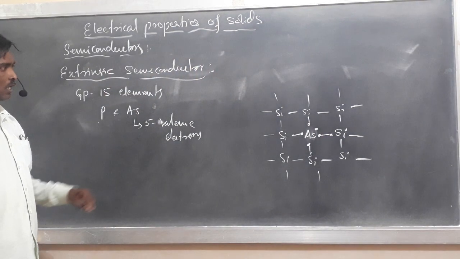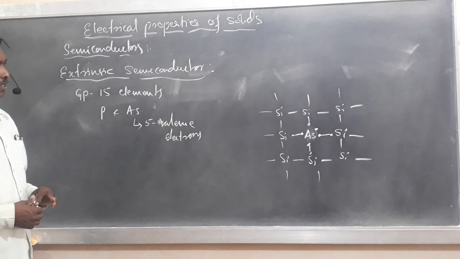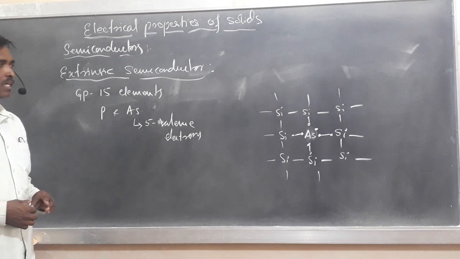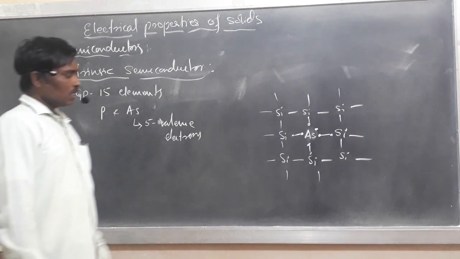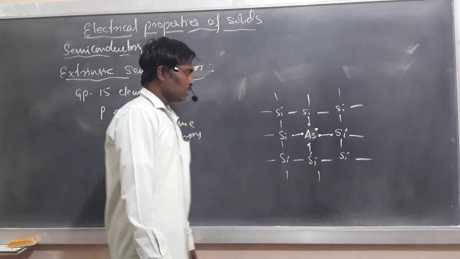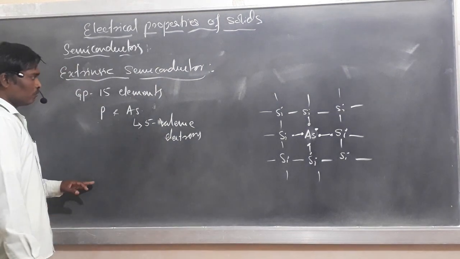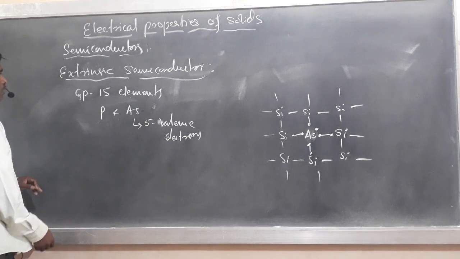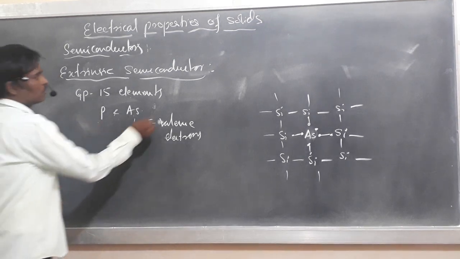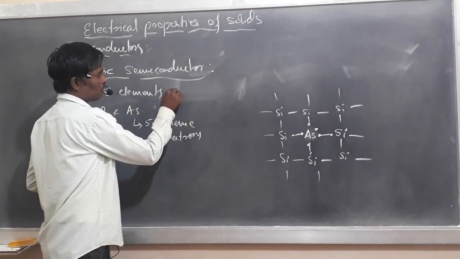So the free electron carries the current, which increases the conductivity of the semiconductor. Since electrons carry the current, we call such semiconductors N-type semiconductors.